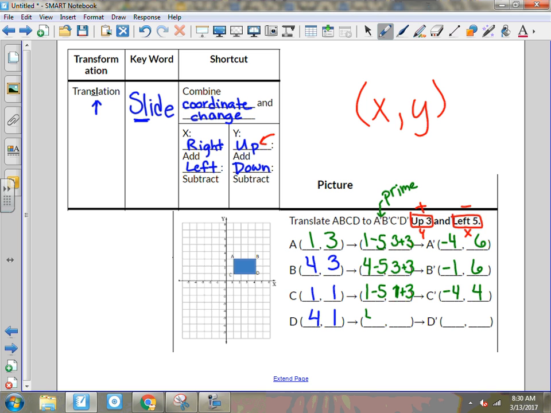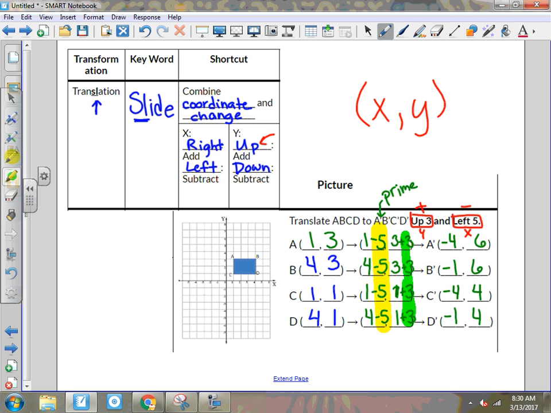And then I've got 4 minus 5 is a negative 1, and 1 plus 3 is a positive 4. And as you can see, I keep using the exact same rule. I subtracted 5 every single time, and I added 3 every single time. So I used the same rule because it told me up 3 and left 5.